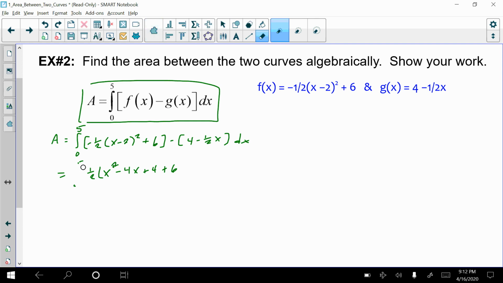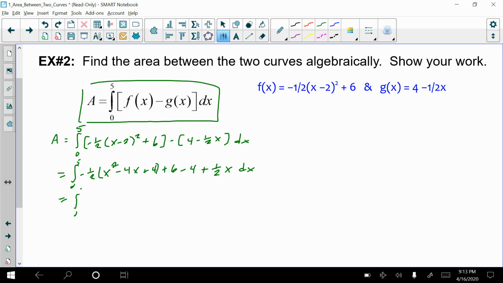Okay, let's just fix all of this. Integral from 0 to 5, negative sign. Go ahead and distribute the negative sign, and that'll be minus 4 plus 1/2 x, dx. I forgot a parenthesis here on the 4. There we go. And now we will distribute the negative 1/2 into the parentheses.